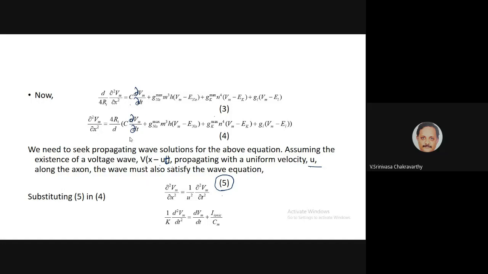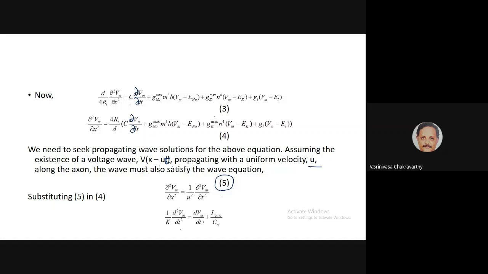So you have an equation of this kind: on the left side ∂²Vm/∂t², on the right side ∂V/∂t. Since V now depends on only one variable, because we got rid of the spatial variation, I can use ordinary derivatives, not partial derivatives. So the left side becomes d²Vm/dt², and on the right side you have just dV/dt.